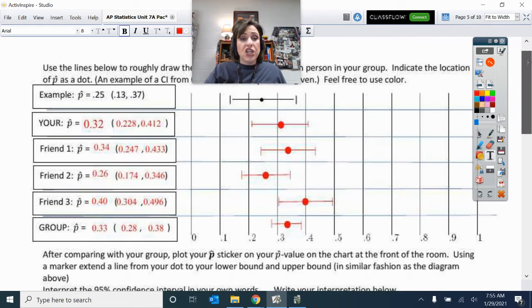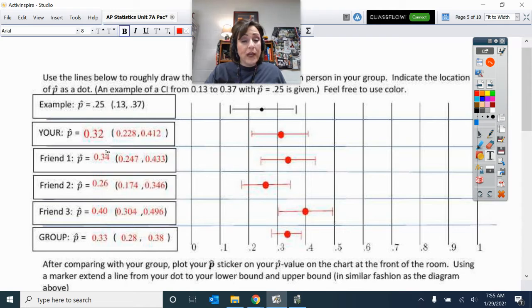All right. So I also went ahead and put on my other friends' values. So if you got to do this, put yours and some of these on there as well. But can you see that they're kind of located in the same general vicinity? And also that their whiskers all are kind of covering the same general amount.